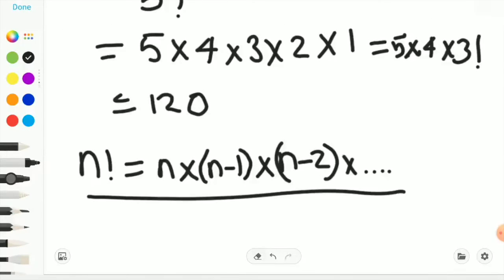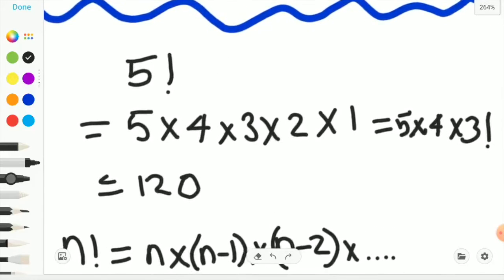So this is the actual equation, and this is an example that I showed.